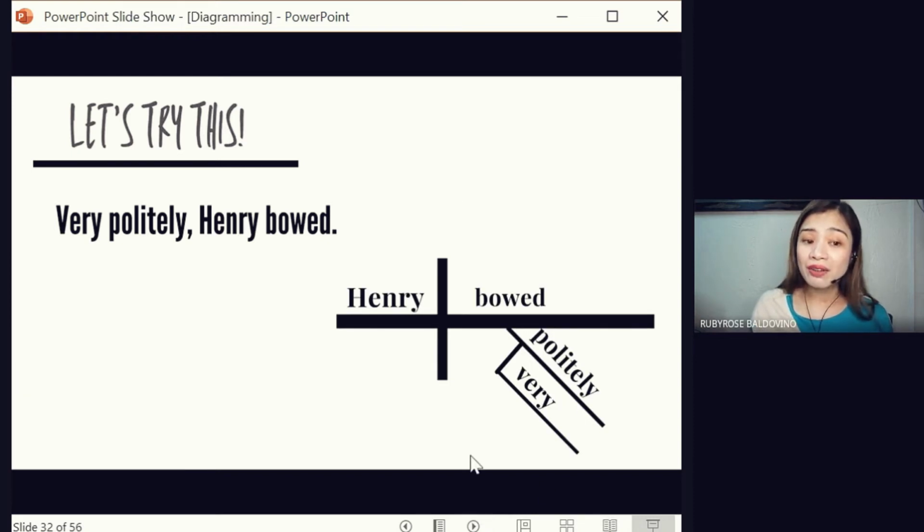Now, how did Henry bow? Politely. But not just politely, but very politely. So politely describes the verb bowed. So we have to place politely under the word bowed, and under the word politely, we have to place the word very. So again, very describes the adverb politely, and politely describes the verb bowed.